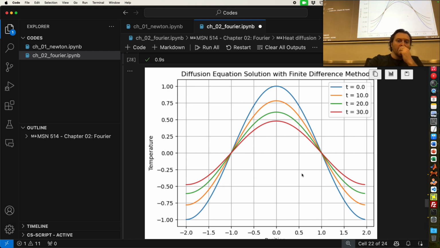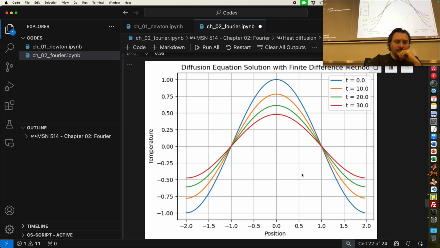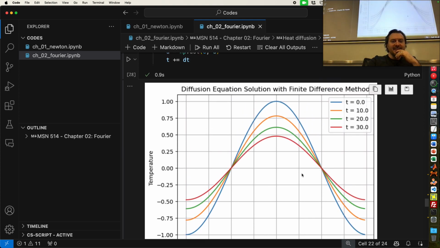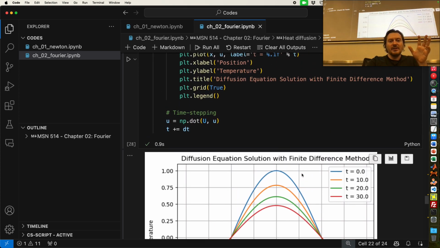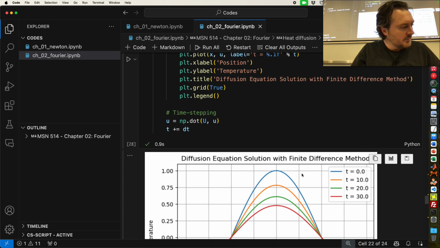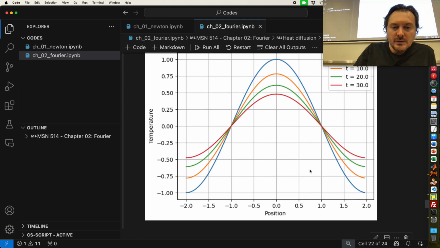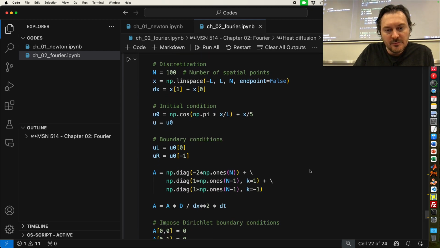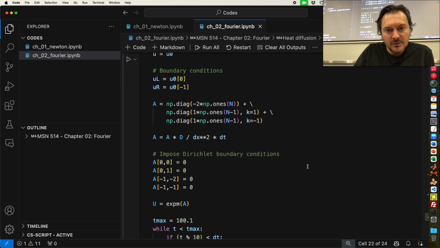Okay? The thing that I couldn't do, and I was worried that that would be the problem, is implement Fourier transform in a way that it implements boundary conditions. So instead, I implemented boundary conditions in the finite difference regime. Let me show you. This is again the matrix, right?